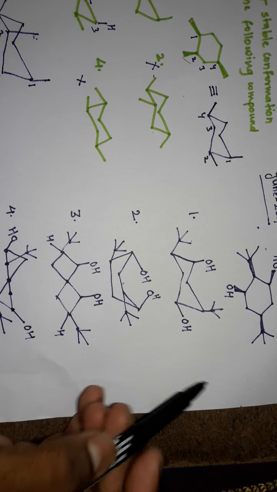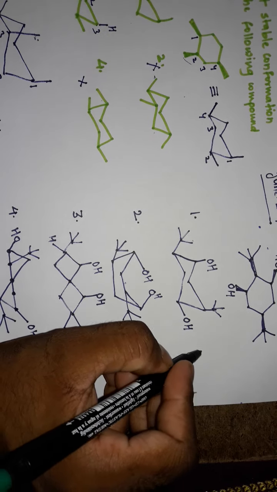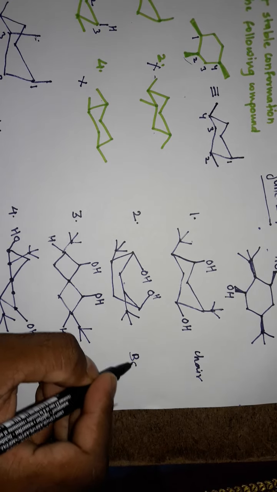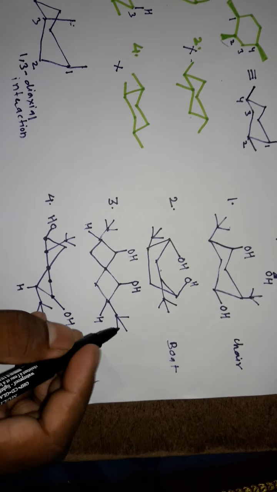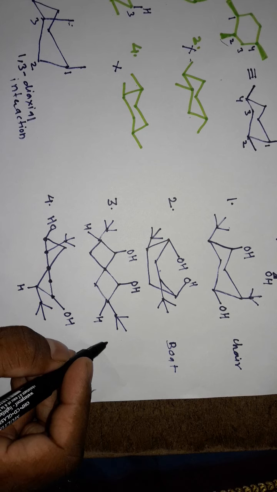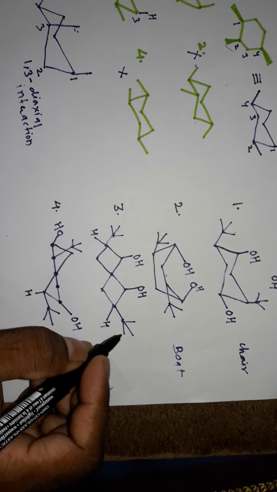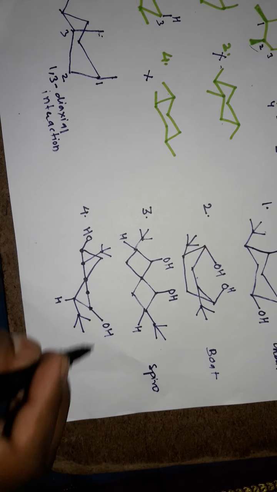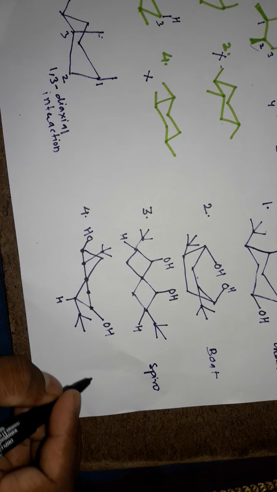So we can see that this structure is chair, this structure is boat, and this structure, you must have remembered, is a spiro compound basically.